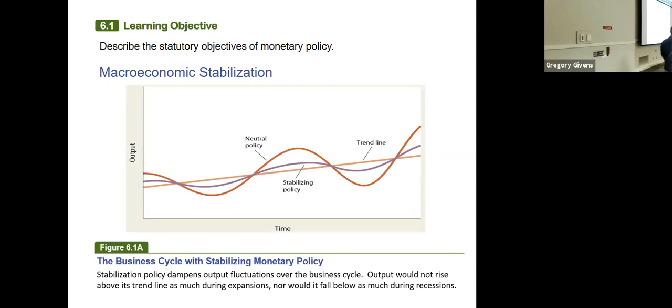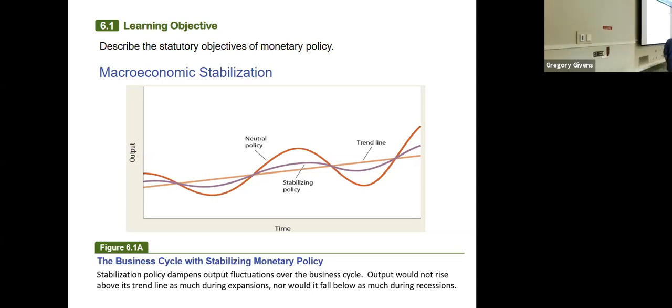This is just a rendition of what the business cycle looks like. On the vertical axis, we have output or GDP, and on the horizontal axis, we have time. And you can see here that GDP moves around over time, it fluctuates up and down, but it tends to grow over time. That's this growth component of GDP or output, okay?